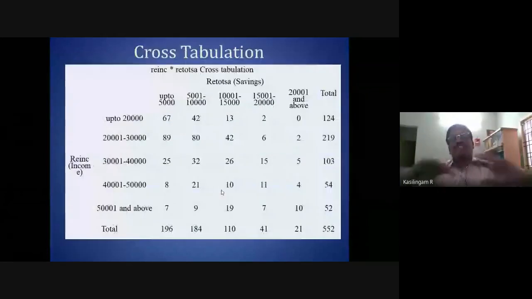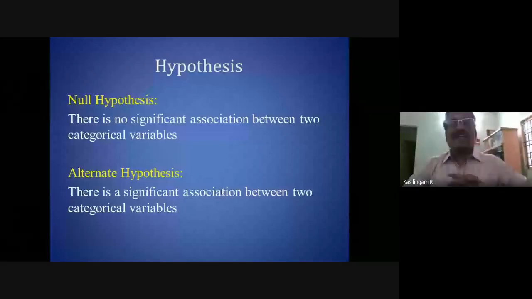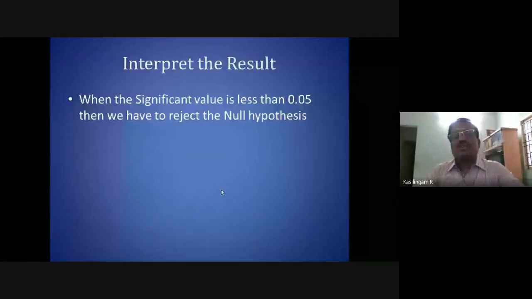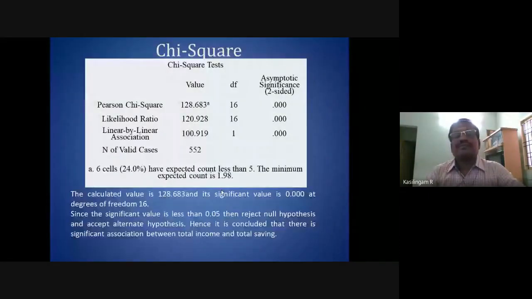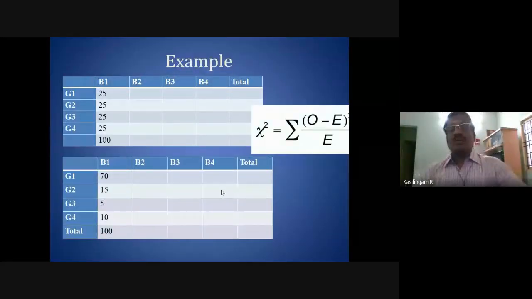Now let me test somebody. I say that the null hypothesis is there is no significant association between two variables. No association. Now listen. Look at the table. These are all chi-square calculated values.